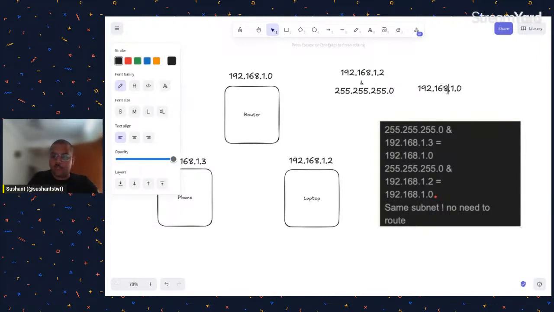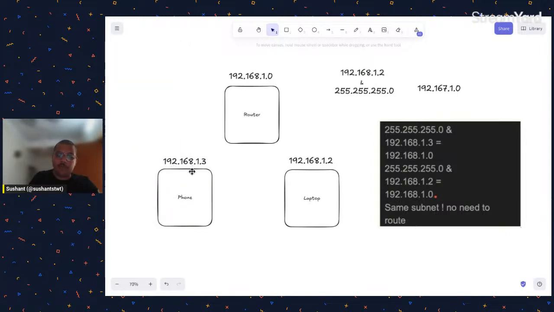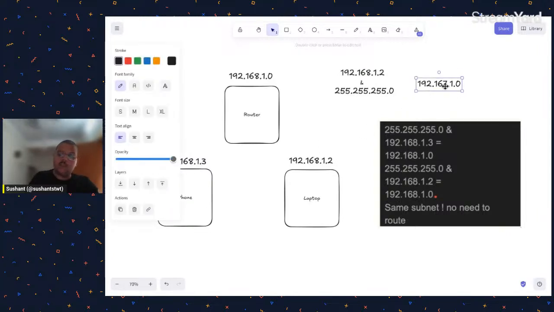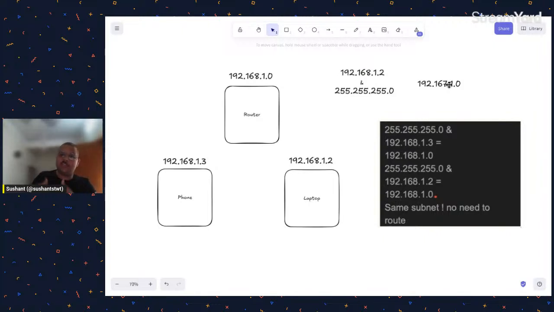Now, if by some off chance this was something like this, and the first 3 bytes were not matching, this would mean that this is outside of my network. This is not inside of my network. So that's basically it. This subnet mask generally helps us decide if something is in our network or outside of it. So if my phone wants to talk to my laptop, it just needs to send the request to the router.